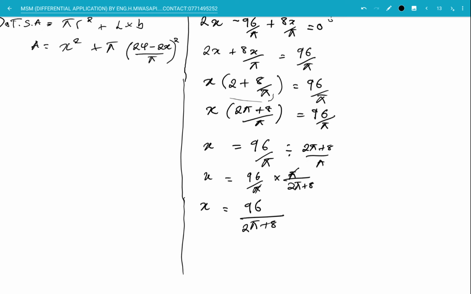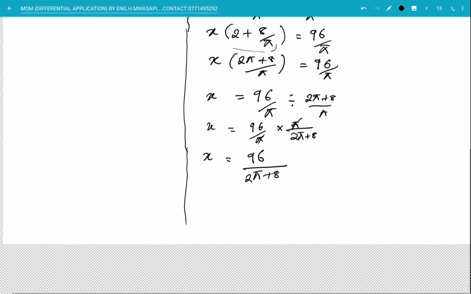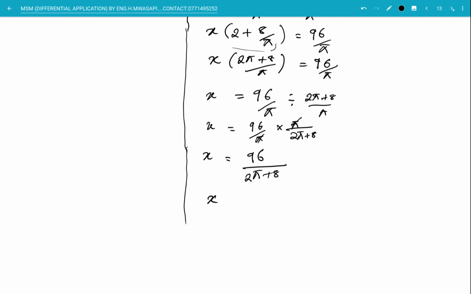But we know that we can simplify this further by factorizing out the 2 in the denominator. When we factorize out the 2, we're going to remain with 48 over (pi plus 4). Okay, that is our x value that's going to minimize the total surface area. With that done, we can call this question a done deal.